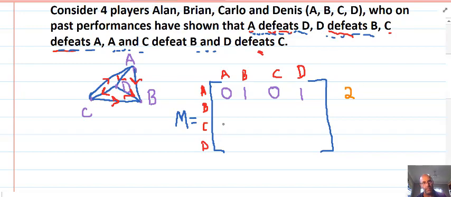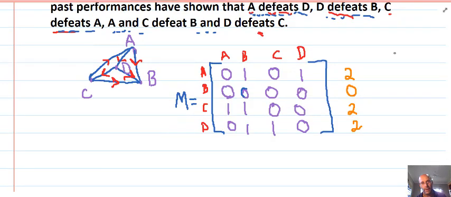Now we have B, the story of B. We do it the same way, and by the time we get to here, we'll get a 0 on that diagonal. In fact, the whole leading diagonal will be 0 straight away, because a player can't play itself. I'll quickly fill out the rest, and we get this.